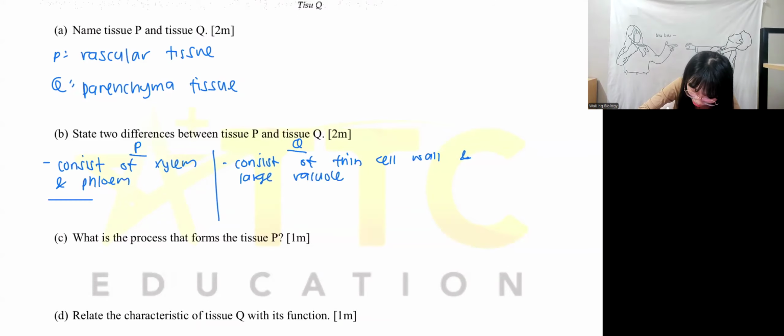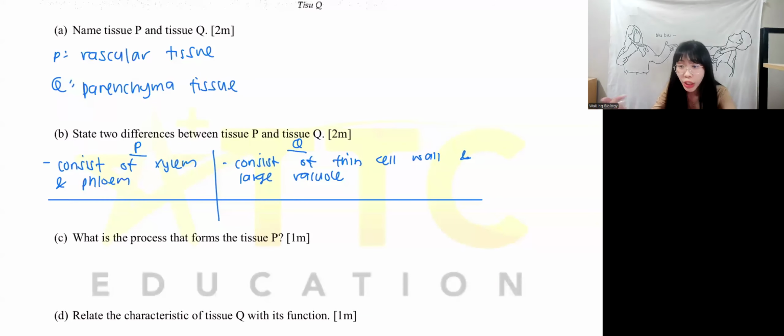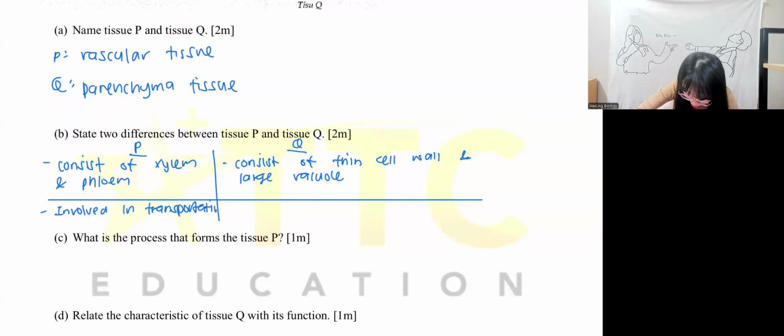Okay, second difference. What can you say? You can talk about the function if you want to. Thin cell wall with large vacuole, correct? Okay, you can talk about the function. Xylem and phloem are involved in transportation of substances.